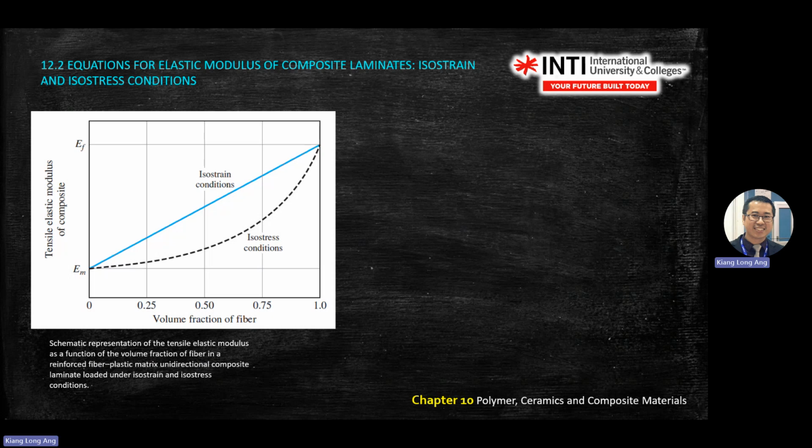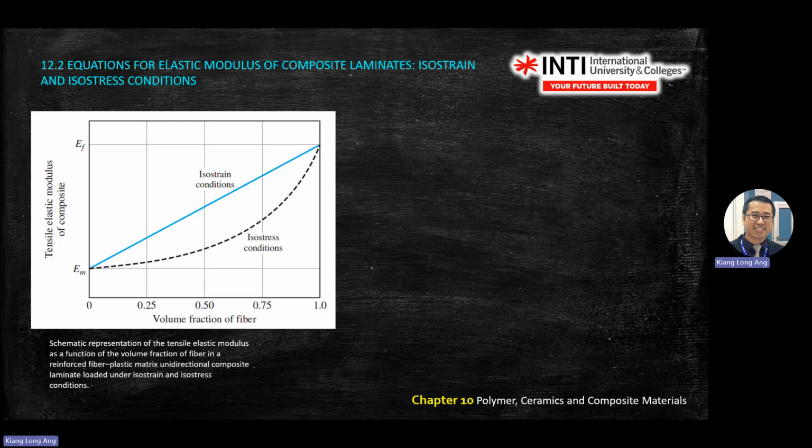Can you explain why the blue line is a straight line, when you plot tensile modulus versus fraction of fiber under the isostrain condition? Not a straight line, a linear equation. Can you see this one as a linear equation?